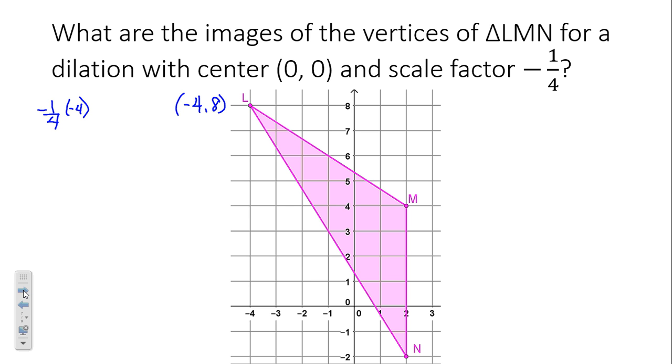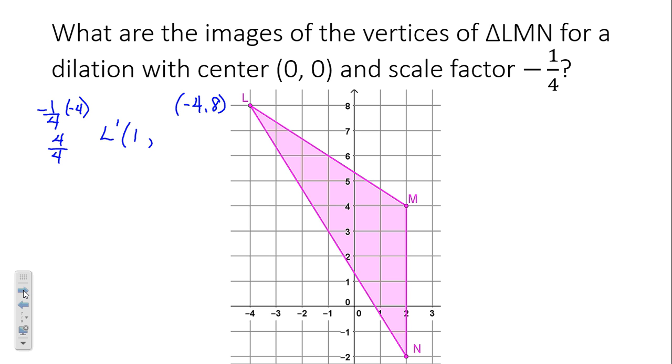And 1/4 times 4 gets us? Let's multiply the tops. 4 divided by 4 is? Divide. Divided by 1. Okay? So my new L prime will have 1 for its x coordinate.